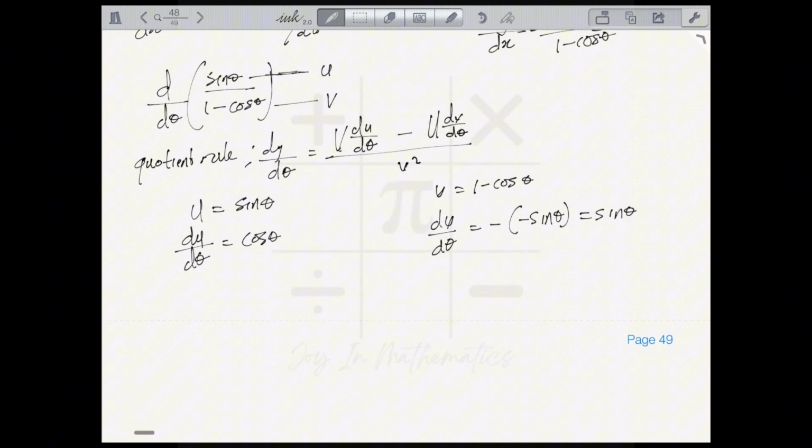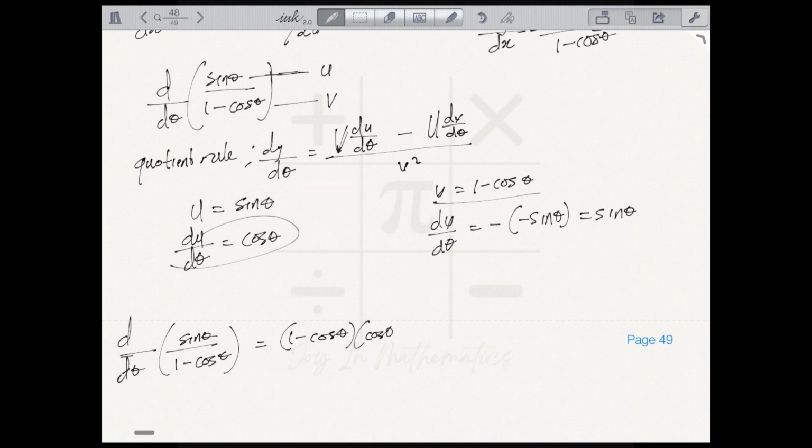Therefore, d/d theta of sine theta divided by 1 minus cos theta, applying the quotient rule, gives us v, and our v is 1 minus cos theta, multiplied by du/d theta, that's cos theta, minus u, which is sine theta, multiplied by dv/d theta, that is sine theta, divided by v squared, (1 minus cos theta) squared.